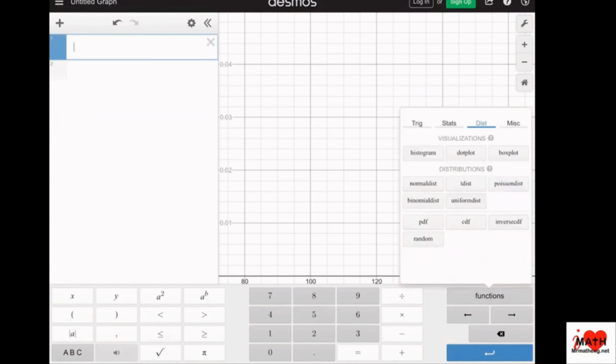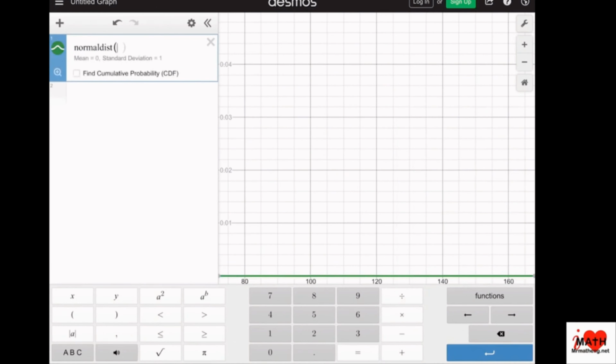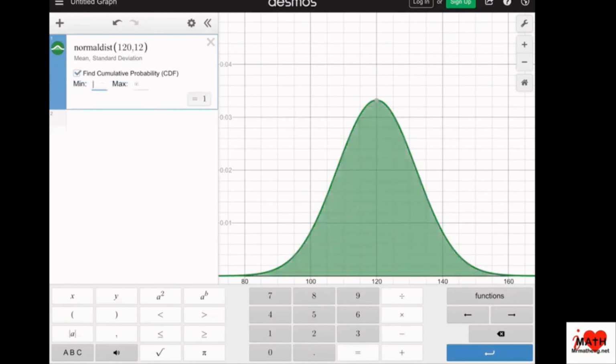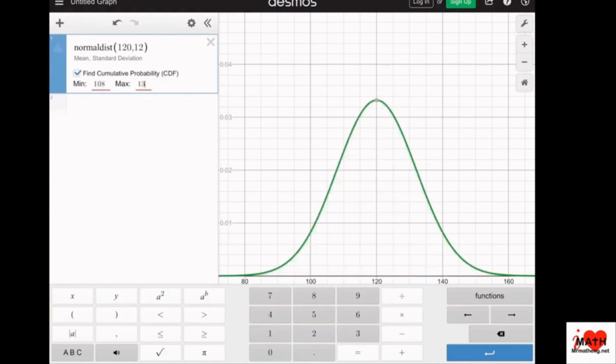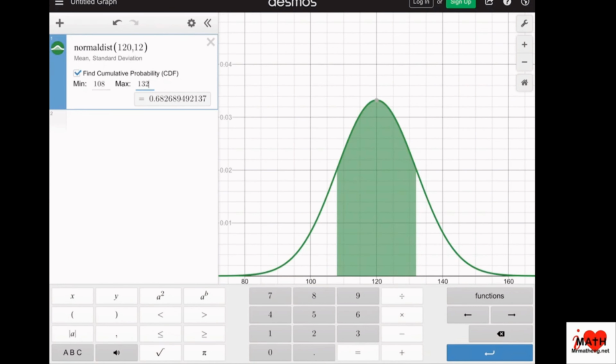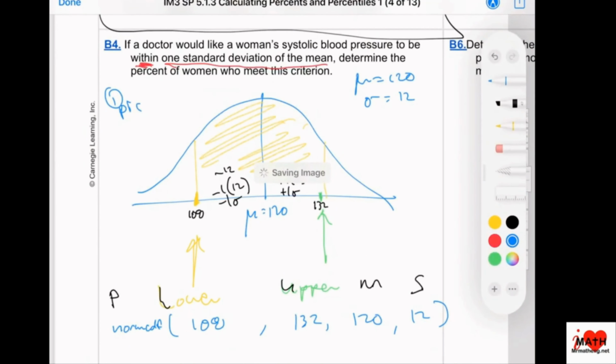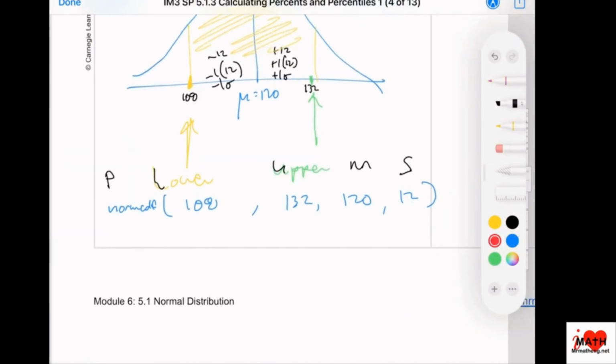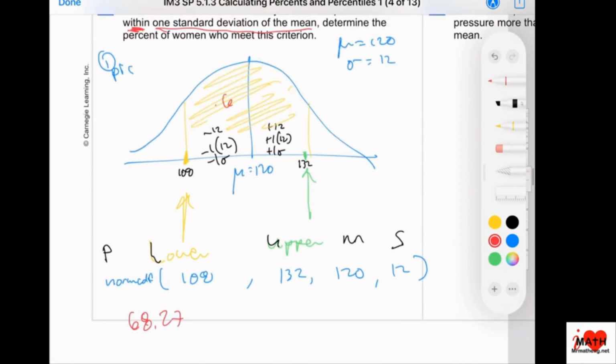Functions, distributions, norm dist. 120, comma 12, close the parentheses, click on the box, and I want this from 108 to 132. 68.27. That's interesting. Right, they're saying that this area is 0.6827, and you just multiply that by 100.